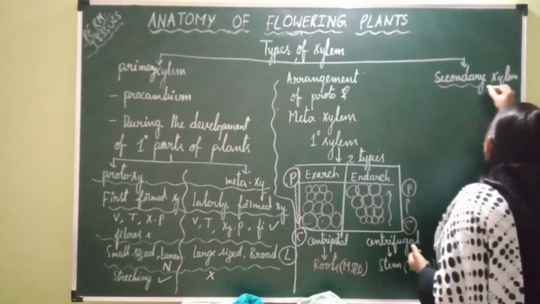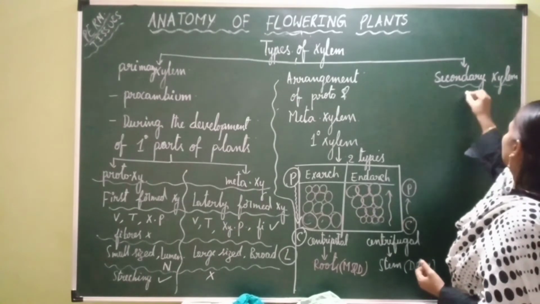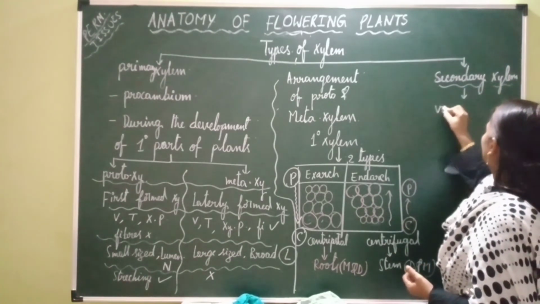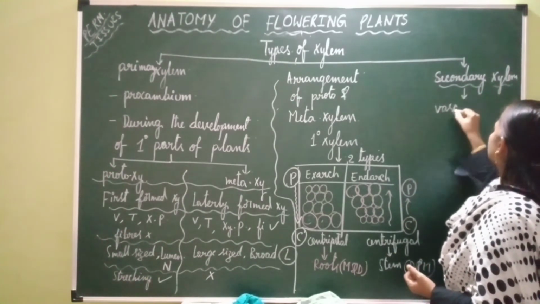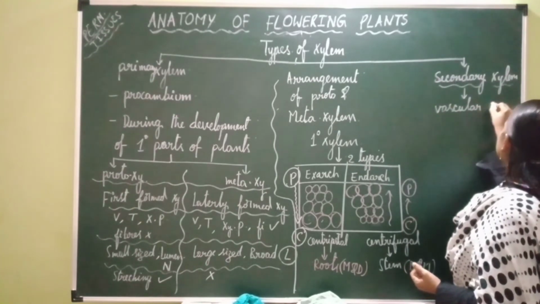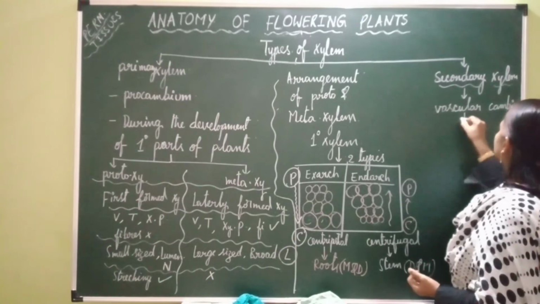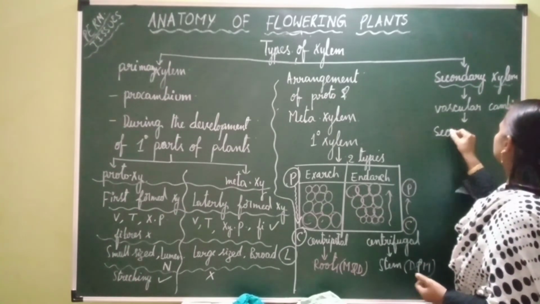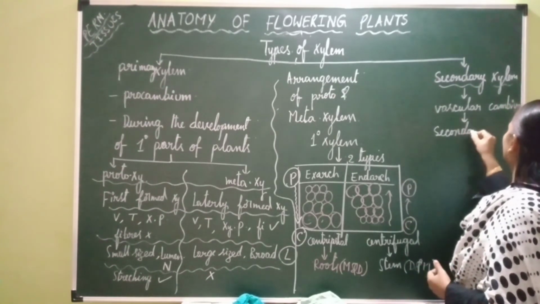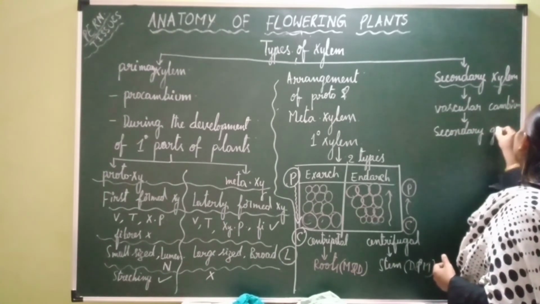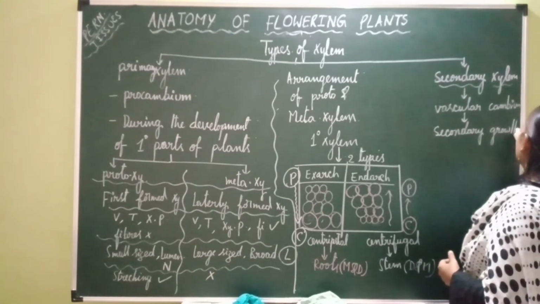So secondary xylem is the xylem which is developed from vascular cambium during secondary growth of plants. During what? During secondary growth of plants. Right.